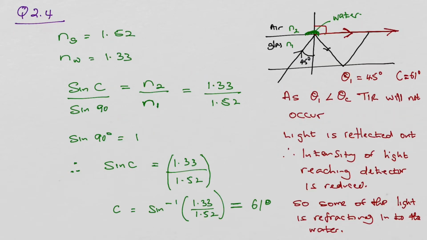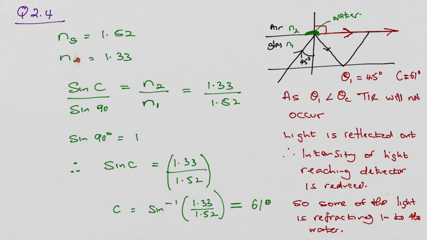Question 2.4. When it starts to rain, a water droplet forms on the outside of the windscreen as shown in figure 2. Explain why the presence of water at A causes the intensity of the light at the detector to decrease. Support your answer with suitable calculations. So we know the refractive index of glass is 1.52.